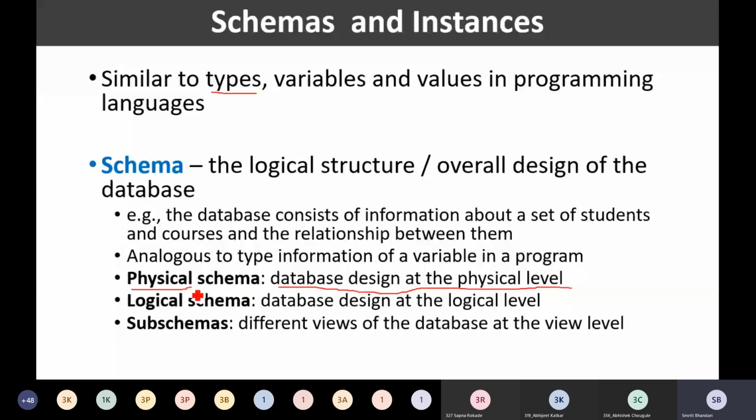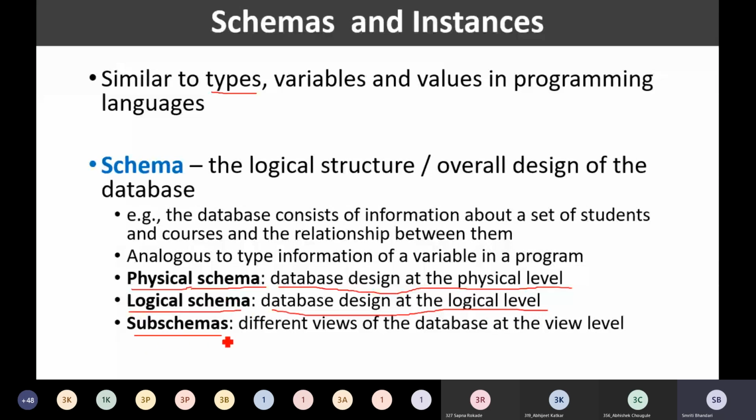What about the logical schema? It is the database design at the logical level. As I mentioned, if I want to store instructor, we describe the instructor record with the data types of the individual elements and so on. Such a database design comes under logical schema.